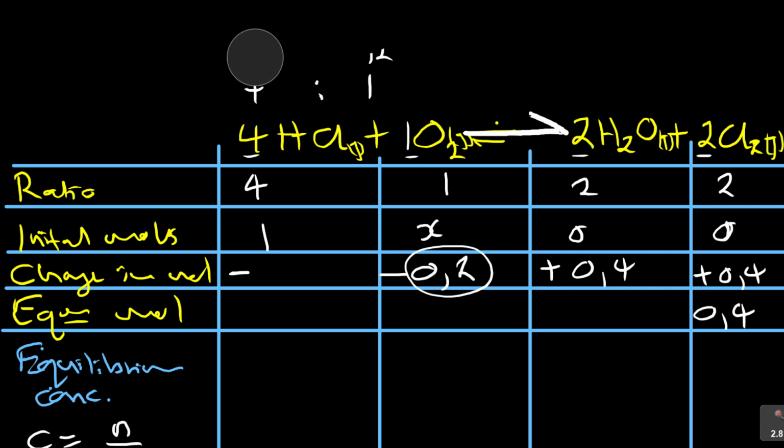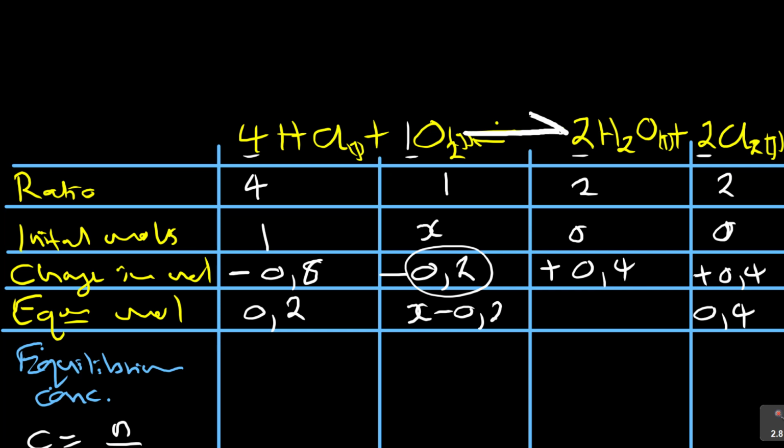Do you see how you use proportion? Then you start subtracting 1 minus 0.8, it gives you 0.2 here. X minus 0.2, you get your x minus 0.2. And then here, 0 plus 0.4, you get 0.4.